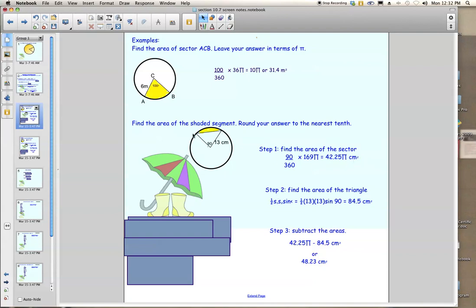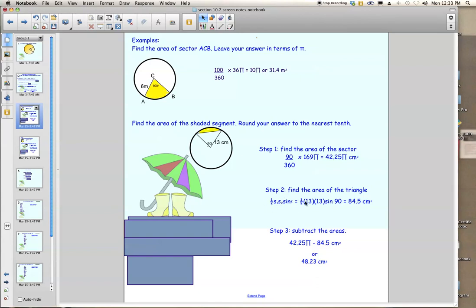To find the area of my triangle, the easiest way to do that is to use the formula that we learned in section 10.5, which was on finding the area of the triangle when they don't give you the height, because you won't have the height of this triangle. So you will use the 1/2 times side 1 times side 2 times the sine of the angle formula.